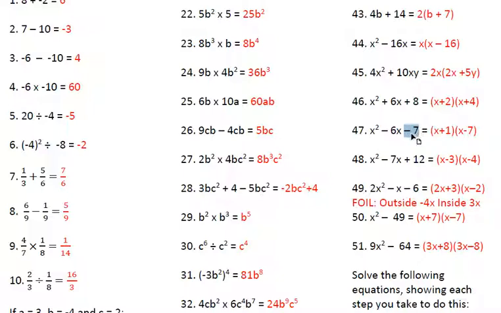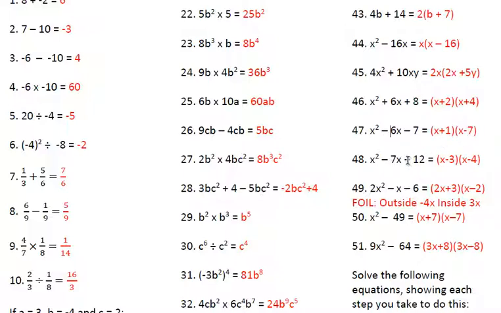Which way around are we going to do it? Well, they have to add or subtract together to be minus 6. So if you had plus 1 minus 7, you end up with minus 6. If you did it the other way around, minus 1 plus 7, you would not. You get plus 6 instead, and we don't want that. So it's got to be plus 1 minus 7 in that order.